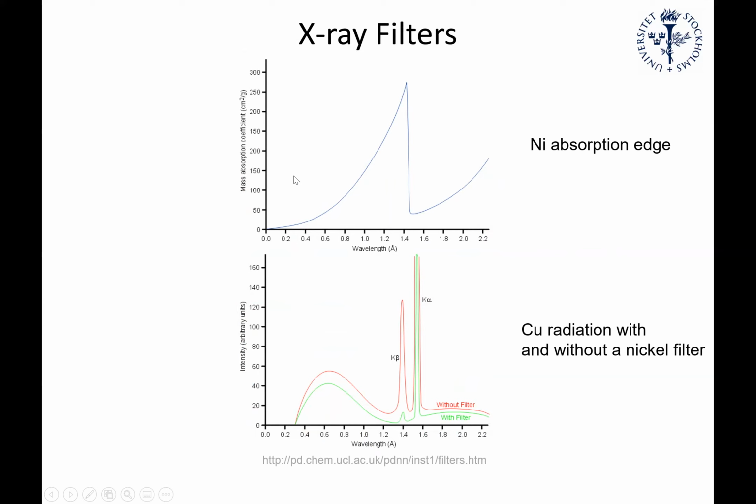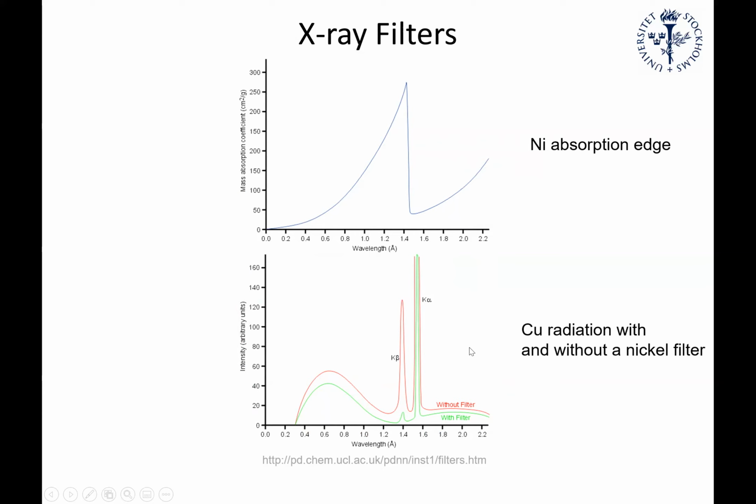If you compare that to the nickel X-ray absorption spectrum, you see that nickel is very good at absorbing X-rays up to about 1.45 angstrom, but it's very poor at absorbing X-rays at higher wavelengths. So actually, nickel is very good at absorbing K beta radiation, but not copper K alpha radiation.